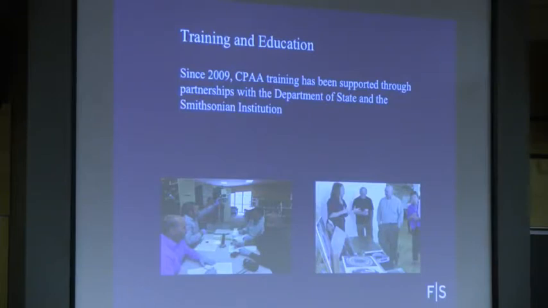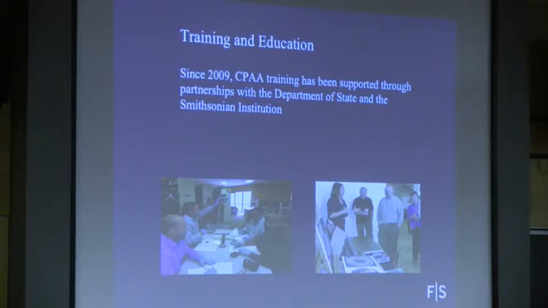And since 2009, the training has been sort of a joint project of the State Department, Homeland Security, and the Smithsonian. Here they're learning proper handling techniques for artifacts. Because you can imagine if a border patrol or an agent comes and wants to open a box, there's right ways and there's wrong ways to open a box to protect the objects that are inside of it.